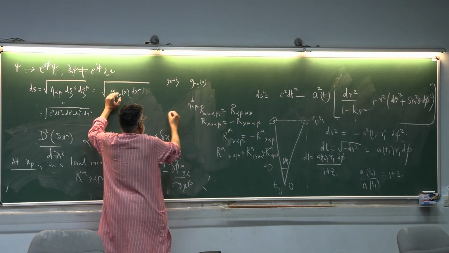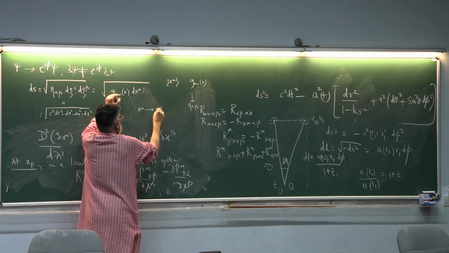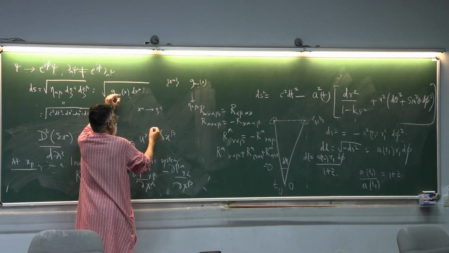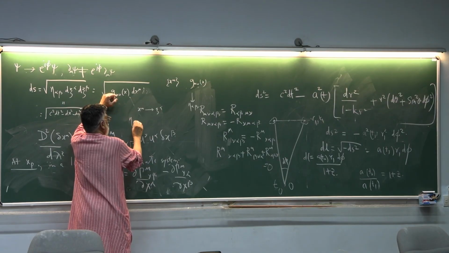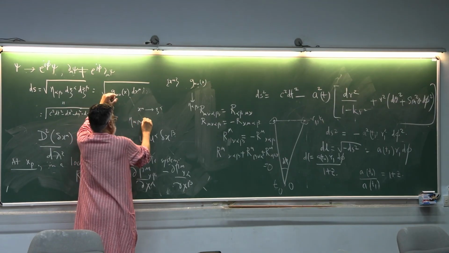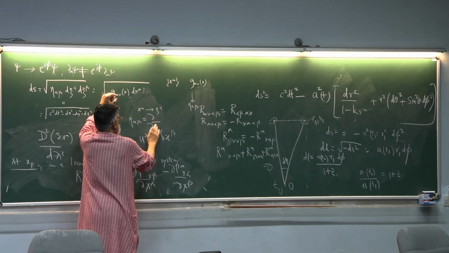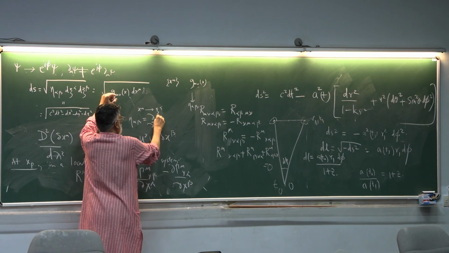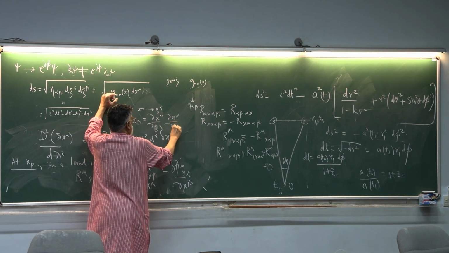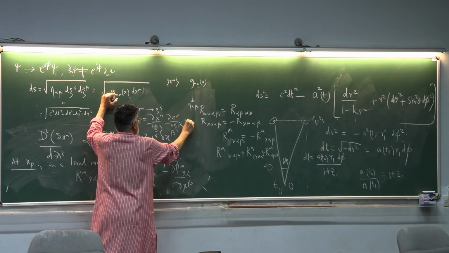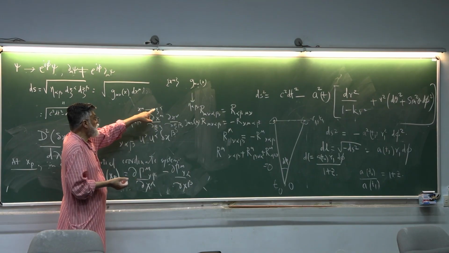So therefore, I make a coordinate transformation x mu going to xi alpha, so that this equation is satisfied. Eta alpha beta is equal to so I have to choose the xi alphas.